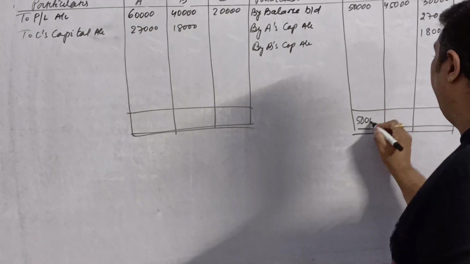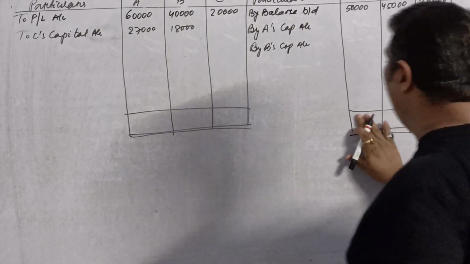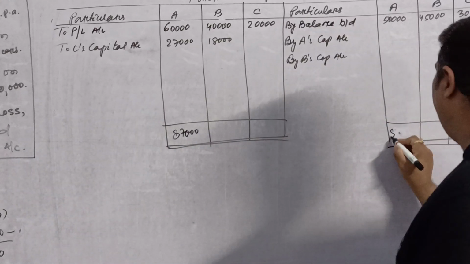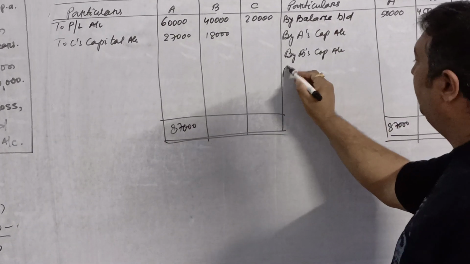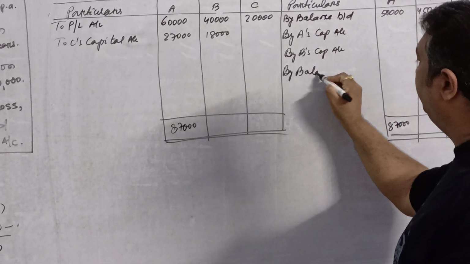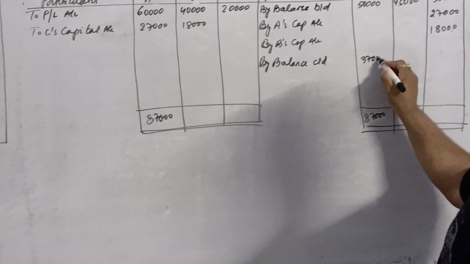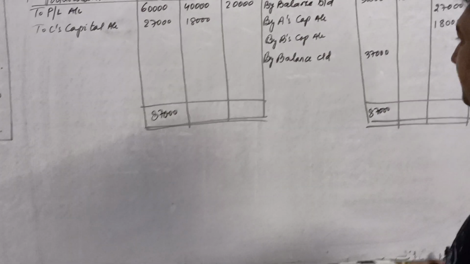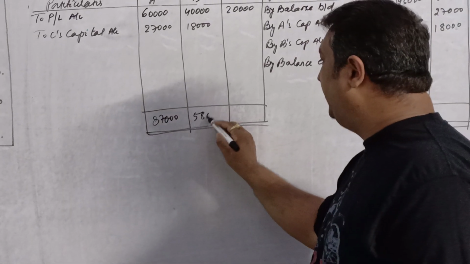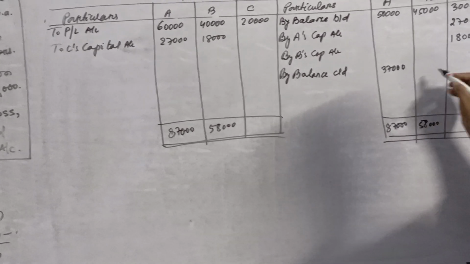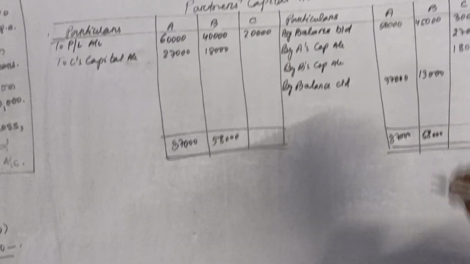The credit side total is less; the debit side is more over here. So we have 87,000 on the debit side, and 87,000 will be written over here. By balance carried down, the balance will be 37,000 for A. Similarly, B's debit side is also more, 58,000. Balance is rupees 13,000.